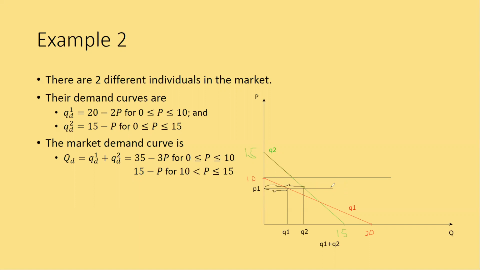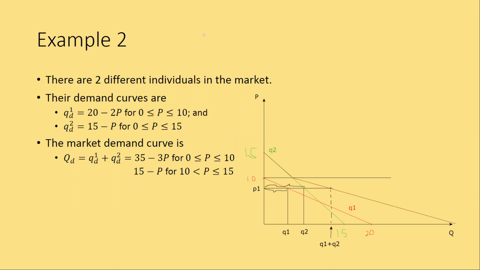So where does this lie? Well, it might lie somewhere here, right? So this point is Q1 plus Q2. And well, we can do the same thing for every one of those price levels that is below $10. And if we connect all those points, then we are going to get the market demand curve that is a straight line. And that is going to be something like this.